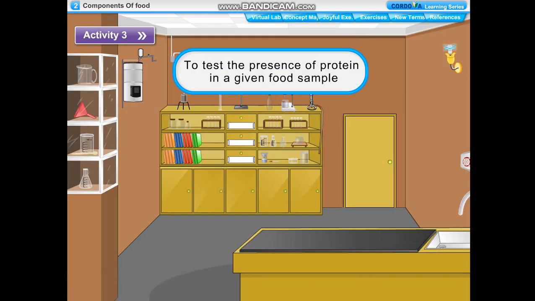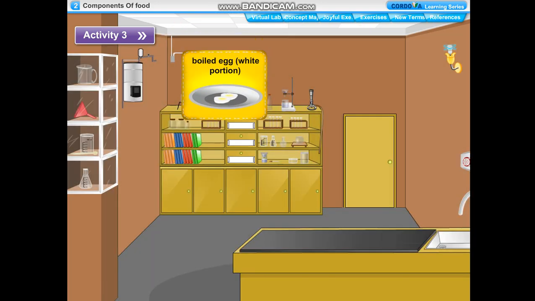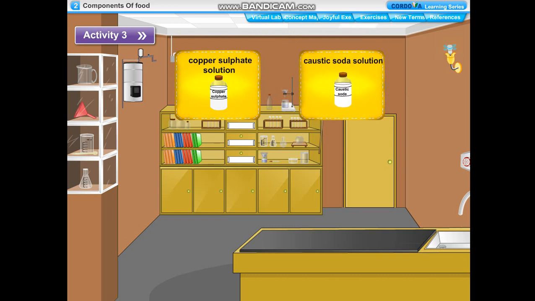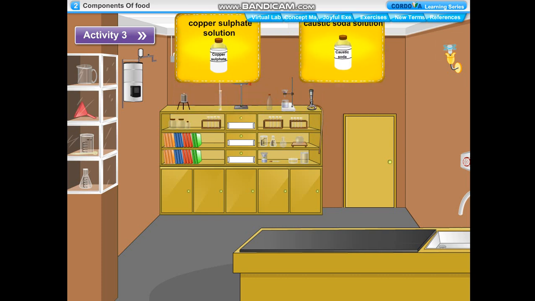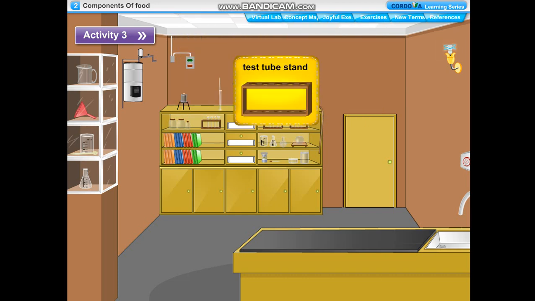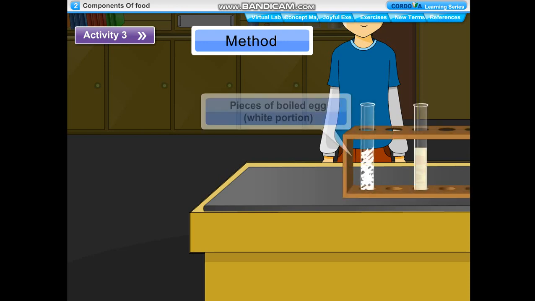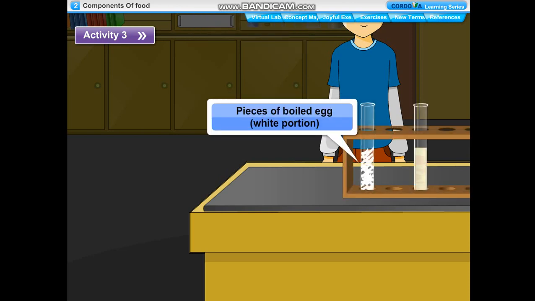Activity 3. To test the presence of protein in a given food sample. Things needed: boiled egg white portion, a raw potato, some copper sulfate solution, some caustic soda solution, 2 test tubes, beakers, and a test tube stand. Method: take pieces of boiled egg white portion and mashed potato in 2 separate test tubes.